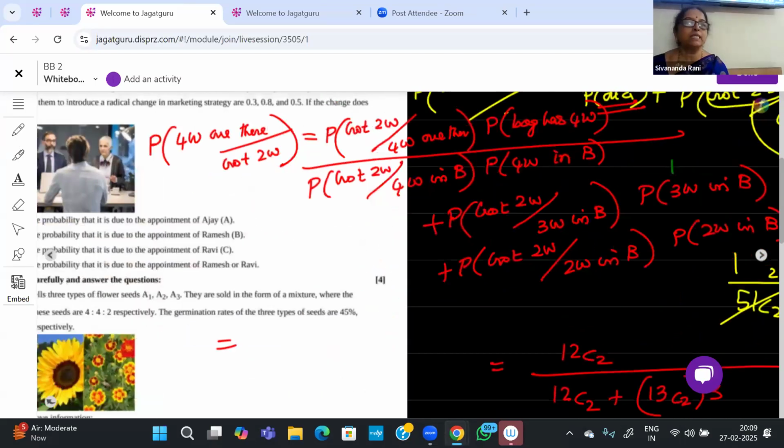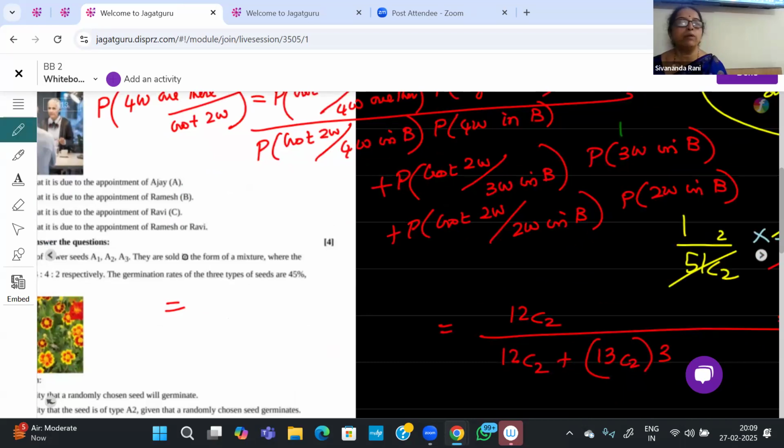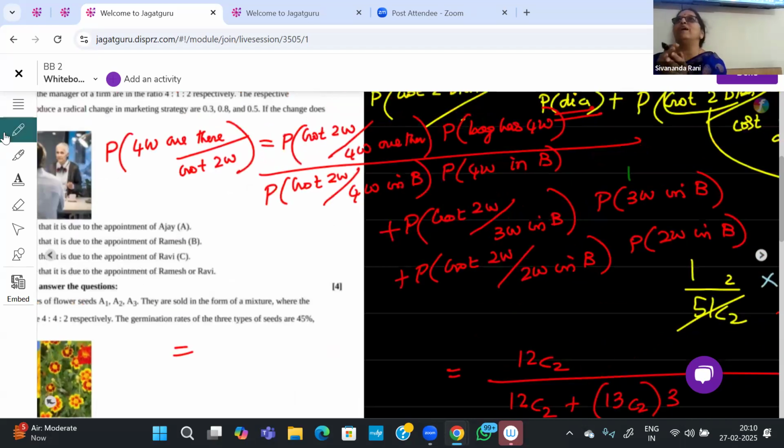The bag has only 4 whites. You're drawing 2 at random. What is the probability for it to be 2 white? It's 1, isn't it? You will definitely get 2 whites, irrespective of what you get. It's a definite probability.